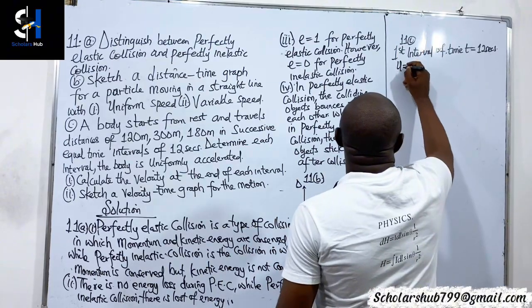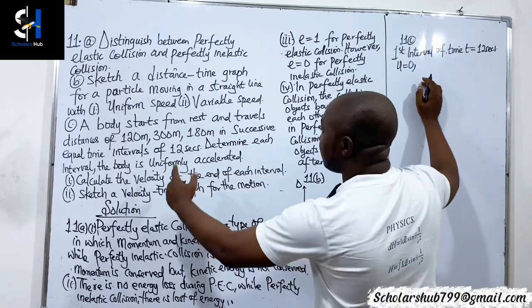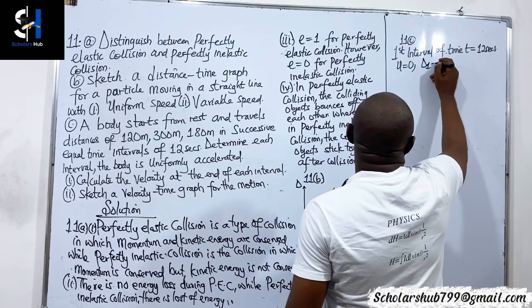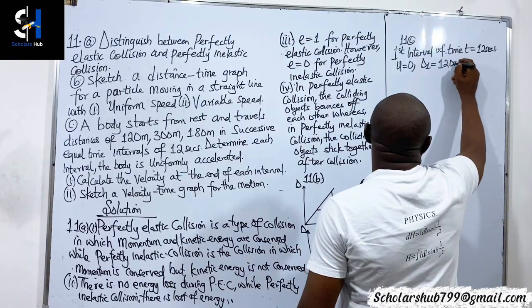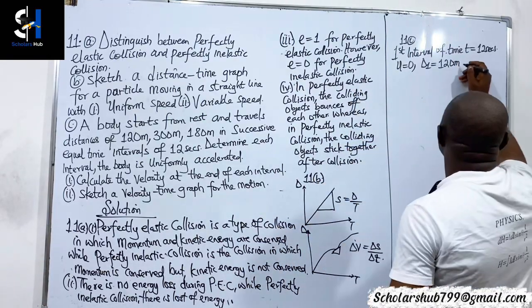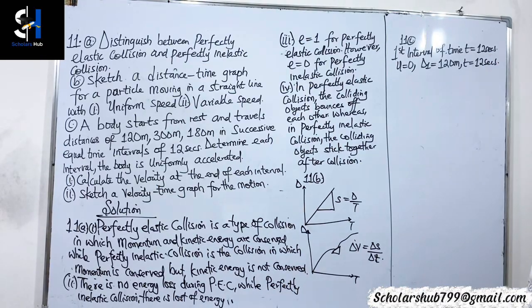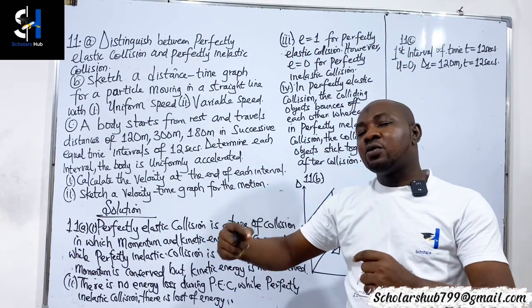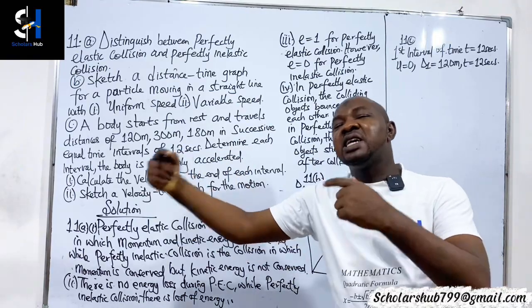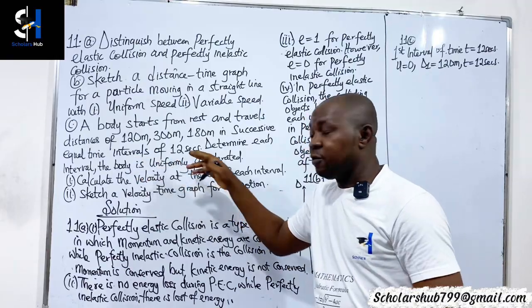The initial velocity is zero, so during the first interval we have d1 equals 120 meters, and t equals 12 seconds. So we need to find the acceleration and the velocity at the beginning of the second 12-second interval, because we have successive equal intervals of 12 seconds.